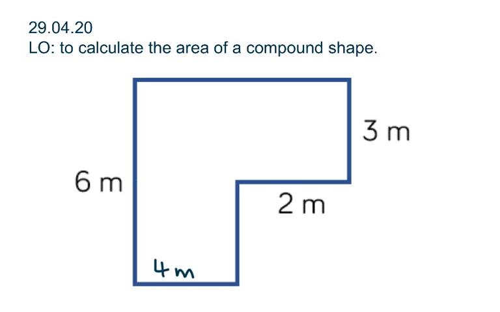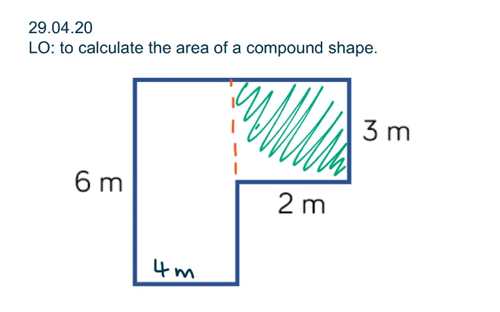So I'm going to decide first of all that I'm going to separate my shapes like this. First of all I'm going to look at the shape that I've shaded in green. Again, it's going to be length times width. So these are the two numbers I'm going to be multiplying here.